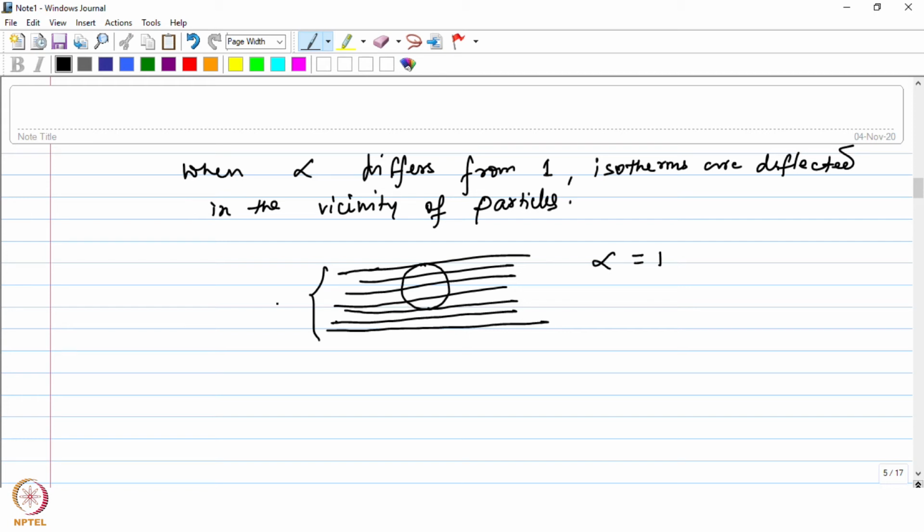So for a scenario when alpha is less than 1, that is when particles have lower thermal conductivity compared to the metal, then the isotherms will be deflected near the particle and will diverge away from the particles.